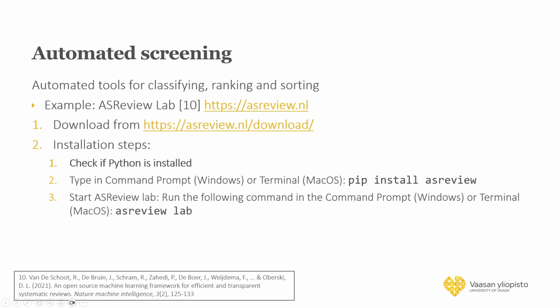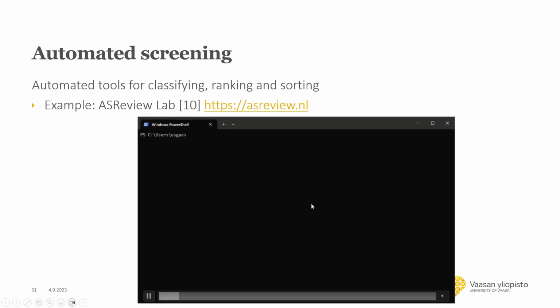I will not go step by step through the installation, but mostly it is a command prompt or terminal procedure. You need to install Python first, then in the terminal run pip install asreview, and then start ASReview Lab in the same command line. I'm going to show you how.